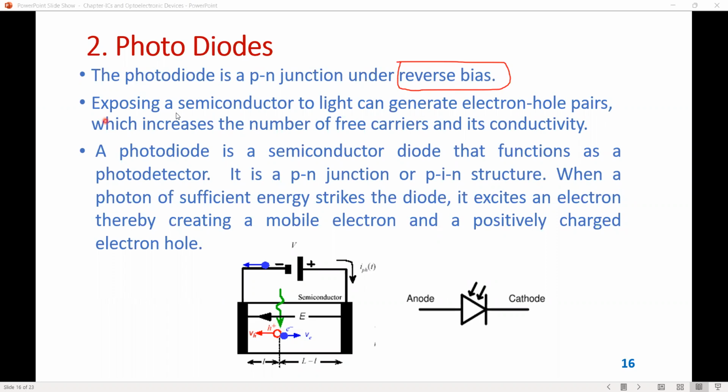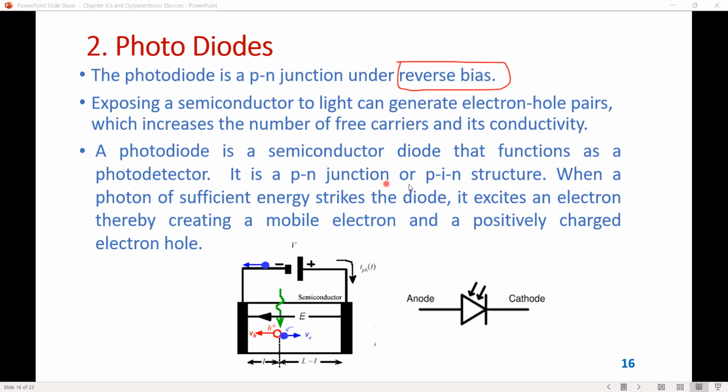So if you read this one, exposing a semiconductor to light can generate electron hole pairs, because light energy is converting to the electrons' energy, now electric energy. So it increases the number of free carriers, and it starts conduction. Electrons will move to this side and holes will move to the other side, and then the current starts flowing. So a photodiode is a semiconductor diode that functions as a photodetector, which is used to detect light.